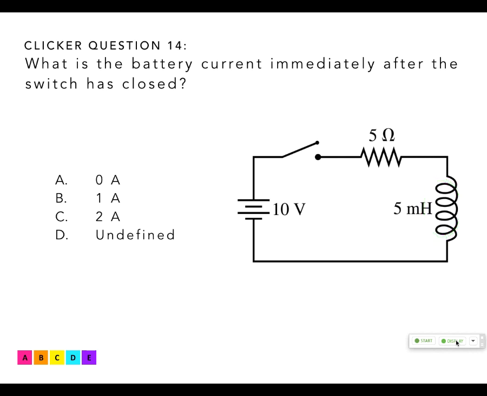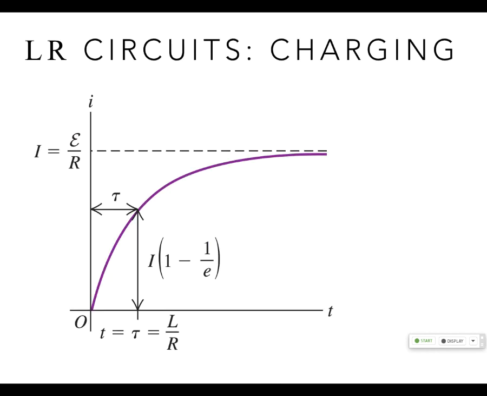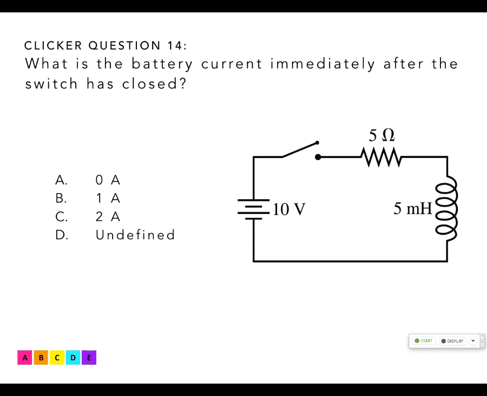Okay? So initially, when we look at the charging version, what's the current? 0. Okay, so you start with 0 current. It resists it pretty strongly at first, but then it goes up to what current? 2 amps. Why 2 amps? Because it's volts over the resistor.